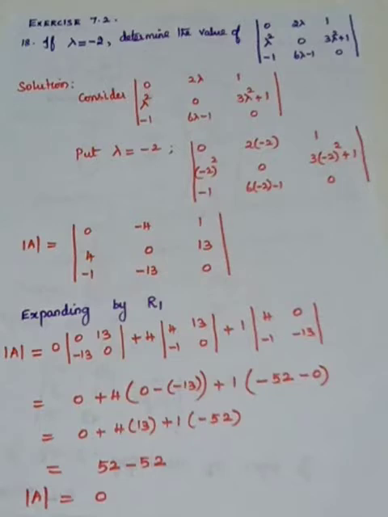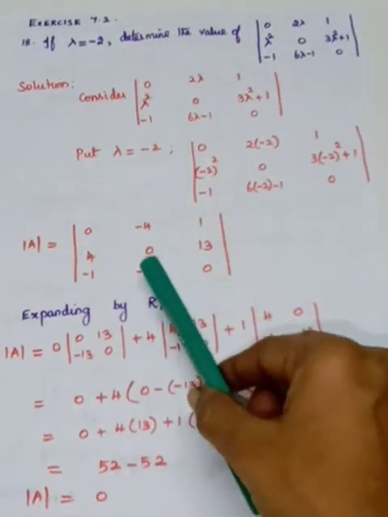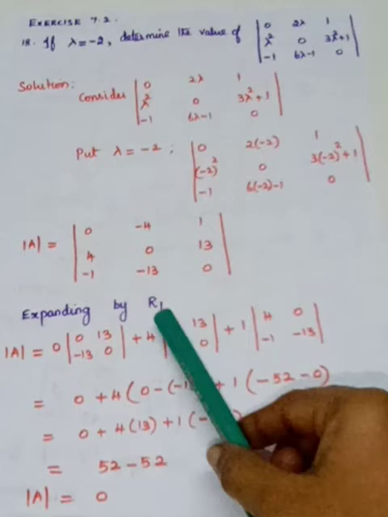In the same way, if you expand using C1 and C3, you have to change the sign of the second element. And for R2 and C2, while expanding, you have to be careful with the sign, because you have to change the sign of two elements, the first and the third element. So it is easy for you to expand by R1. We are going to find the value of the determinant by expanding by R1.